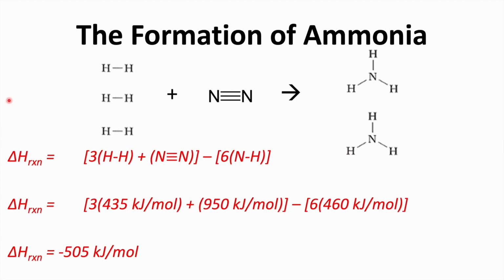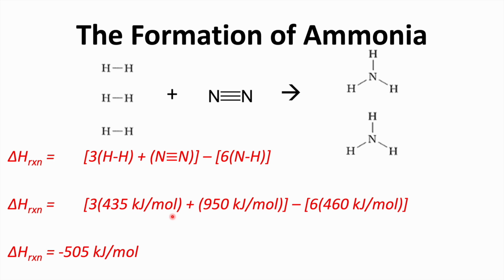Once again, heat of reaction is bonds broken minus bonds formed. We have 1, 2, 3 hydrogen-hydrogen single bonds that are going to be broken, so 3 times the hydrogen-hydrogen single bond. And we've got 1 nitrogen-nitrogen triple bond, so plus that bond enthalpy, minus, in the products, we have 6 nitrogen-hydrogen single bonds.